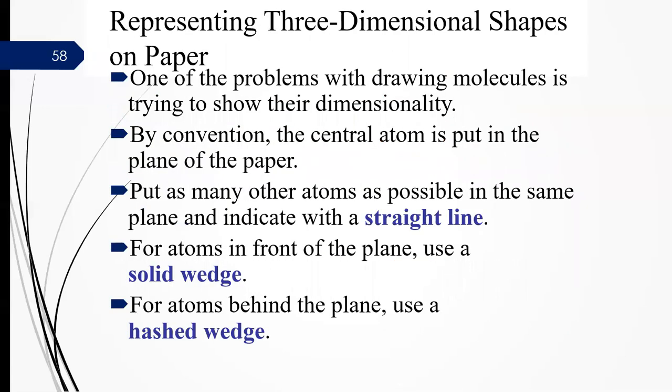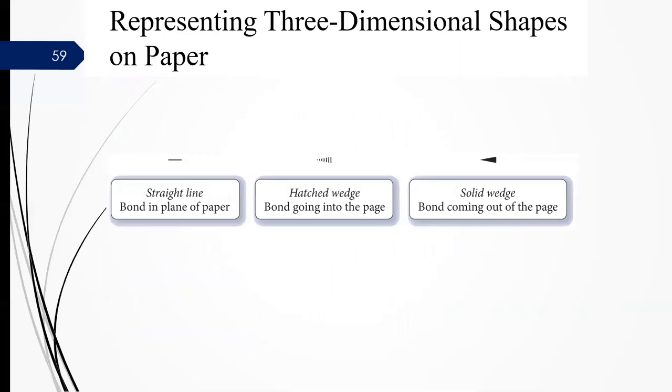When you're trying to draw these out, there's a way to kind of help you add in that three-dimensional depth. Now, I'm not a great artist either, and so this does help me. What you want to think about is a straight line is used to indicate them all being in the same plane, so the same plane as the paper. Your solid wedge lets you know if something's coming out towards you, and the hash wedge is used to kind of push it inside your paper, kind of like this.